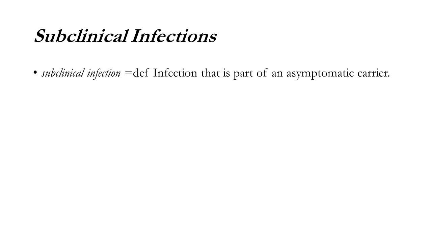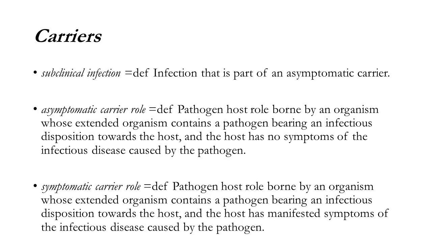A subclinical infection, we're importing this from IDO. It's an infection that is part of an asymptomatic carrier, and carrier is a type of host. An asymptomatic carrier role is a pathogen-host role. It's borne by an organism whose extended organism contains a pathogen that has an infectious disposition towards the host, but importantly, the host has no symptoms of the infectious disease.